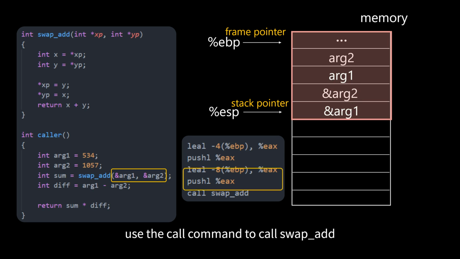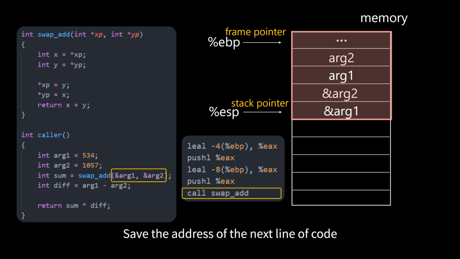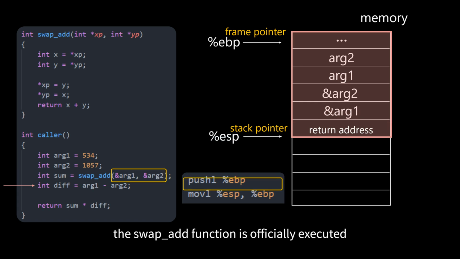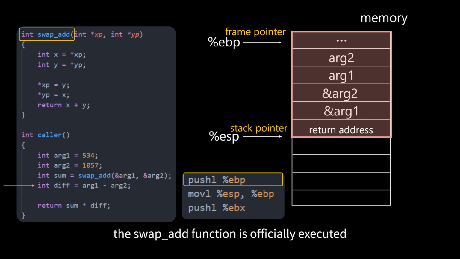Finally, use the call command to call swap_add. Save the address of the next line of code after the call as the return address, and then push it onto the stack. Now the swap_add function is officially executed. First, create a stack frame corresponding to the swap_add function.